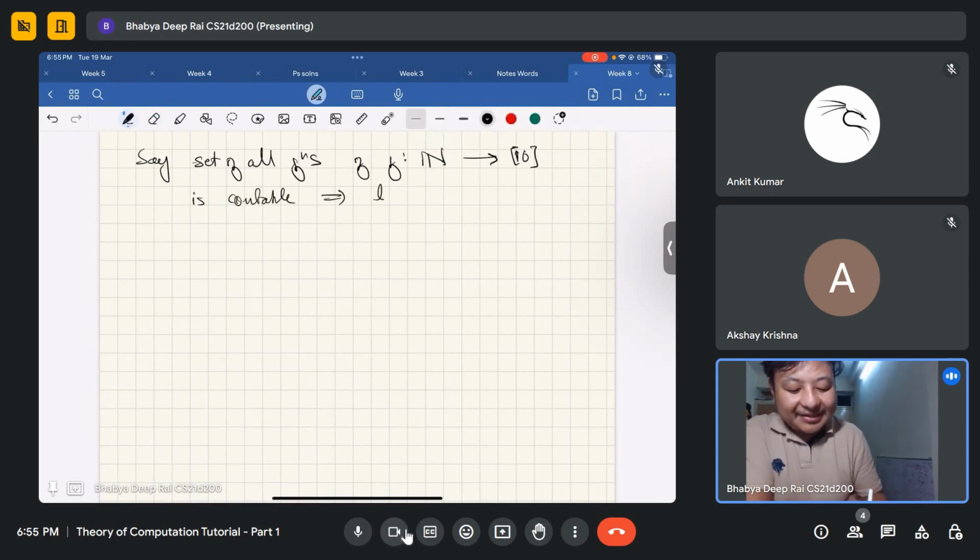Then it means it is listable also. So let me list them. This is the first function, this is the second function, this is the third function, this is the fourth function, and so on.